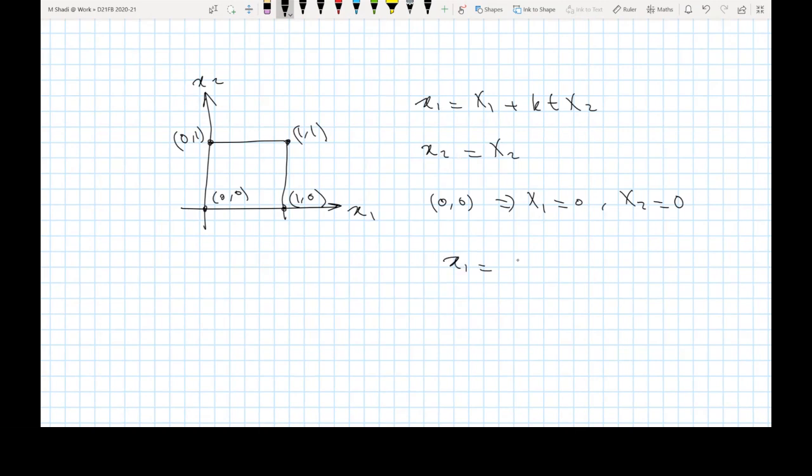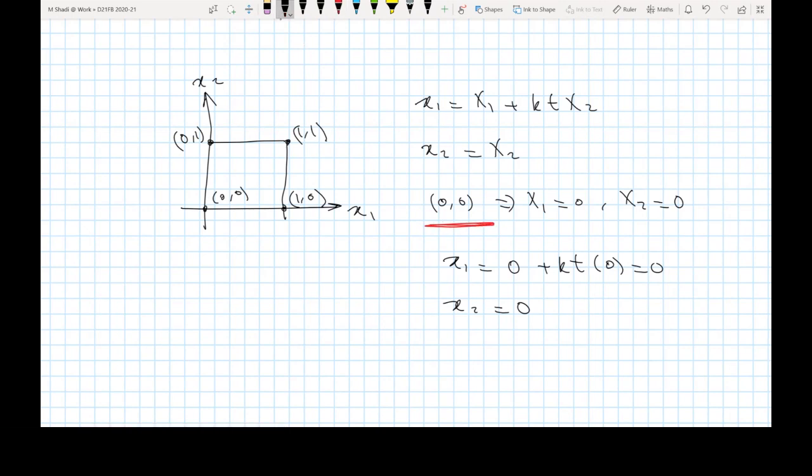This is equal to X1, which is 0 in this case, and kt multiplied with X2, which is also 0. So x1 at time t is equal to 0. If you do the same for x2, you'll see this is equal to X2, and X2 is already 0. All right, so this is for the first point.